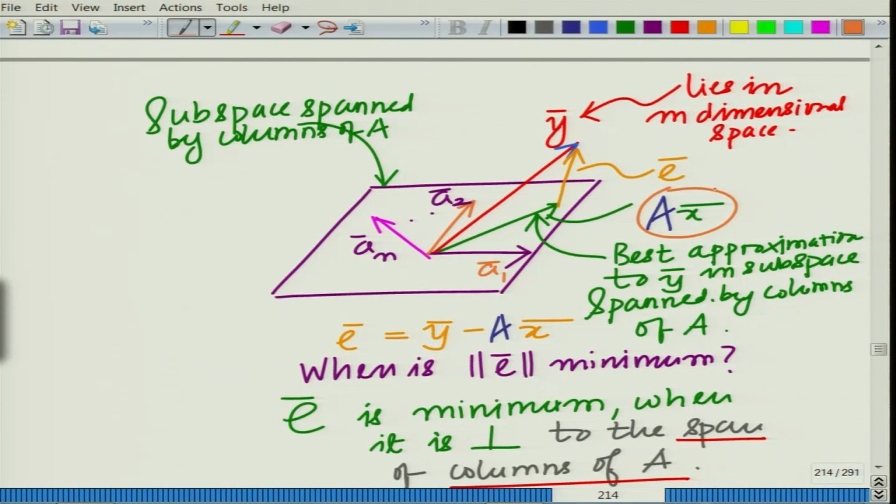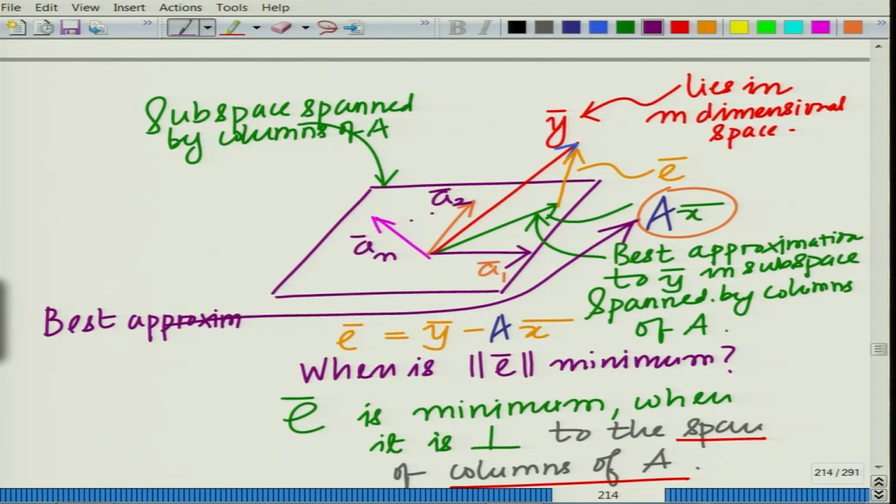This is the best approximation in the column space.